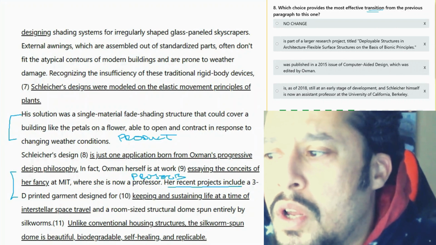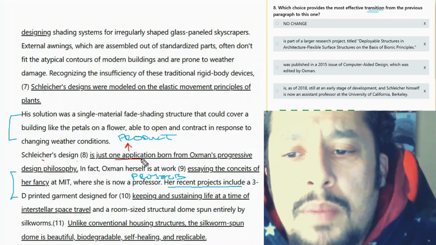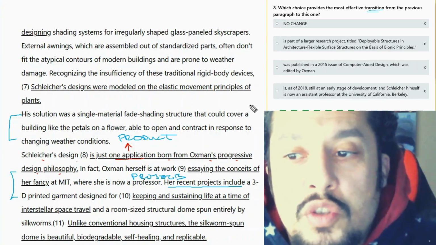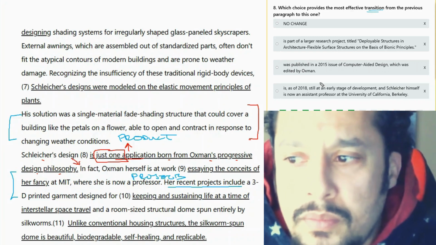So answer A is a good answer because Schleicher's design is just one application born from Oxman's progressive design philosophy. So this is just one application, and when it says just one, it implies there are more, and the paragraph after it explains what these others are.